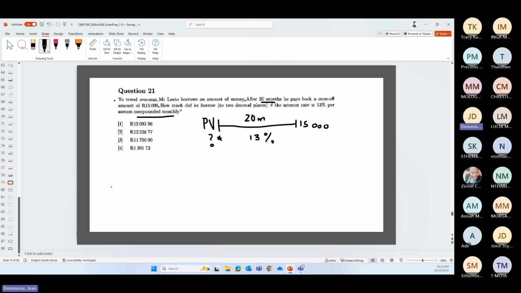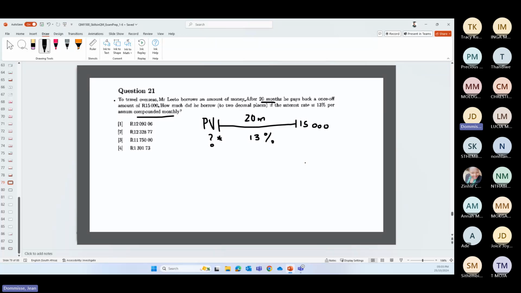I'll also show you the formula that we will use so that you have that on hand as well, because you are allowed to use the formula page, and you're also allowed to use financial calculators. The formula is just for compound interest, where we need to work out present value.